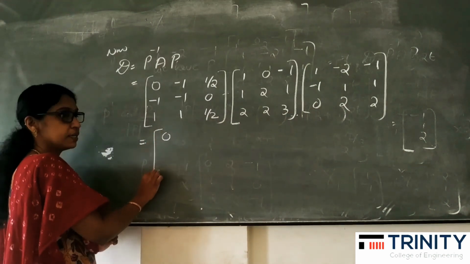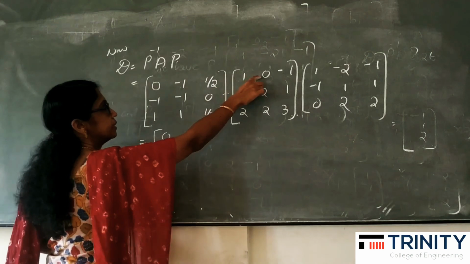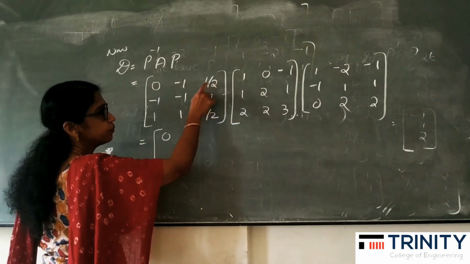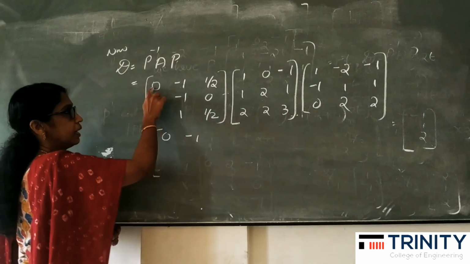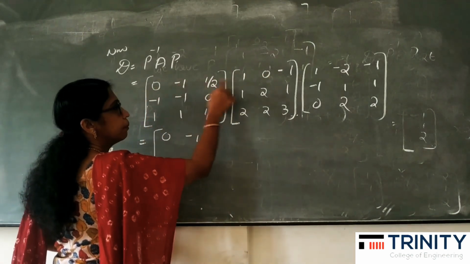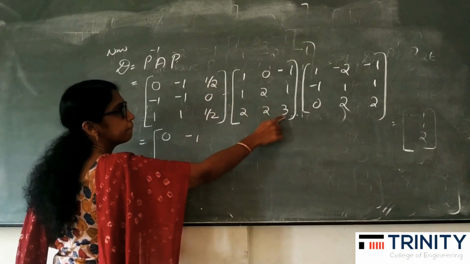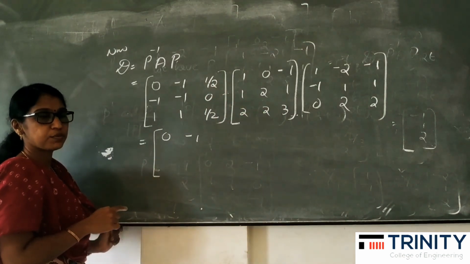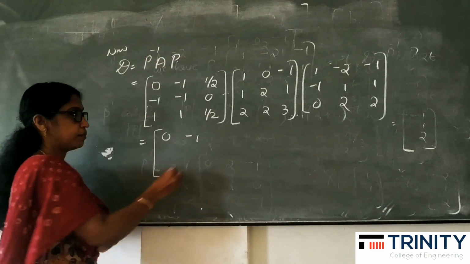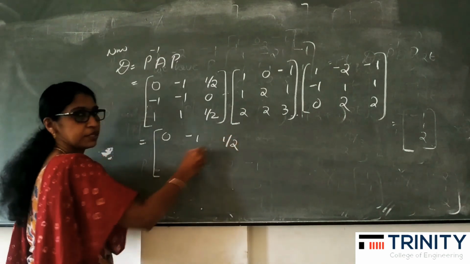First element is 0. Next, minus 2 plus 1 is minus 1. Last, 0 minus 1 plus 3 by 2 is 1 by 2.